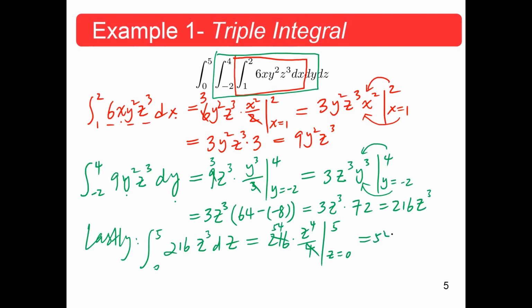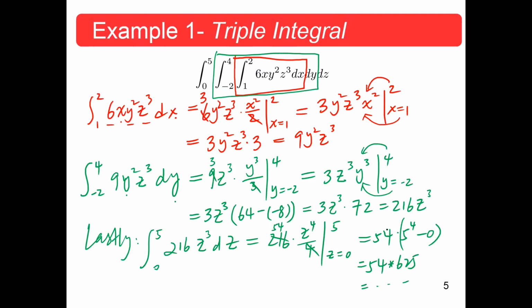So you do 54 times 5 to the 4th, subtract 54 times 0. So eventually it's going to be 54 times 5 to the 4th. 5 to the 4th is 625. So 54 times 625 is going to be the number that we have for this triple integral. Make sense?